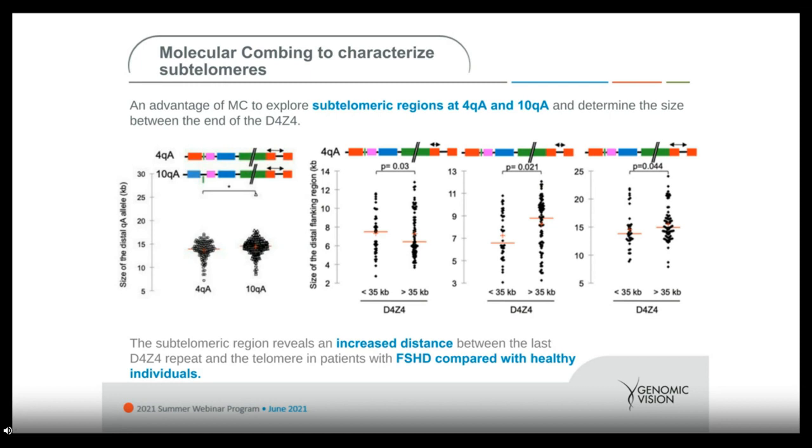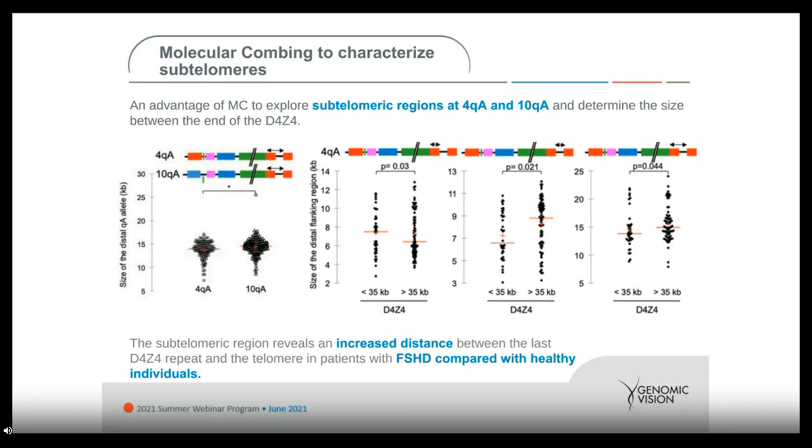In addition to refining the analysis done by Southern blots, by using our molecular combing we can see for the first time and make studies to understand the correlation of the D4Z4 contraction with the subtelomeric region. We measured chromosome 4 and chromosome 10, the distance from the D4Z4 to the beginning of the telomere, and roughly we saw that there is not much difference in length between these two subtelomeric regions.